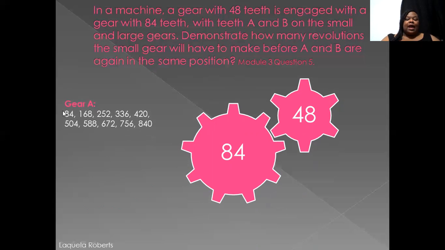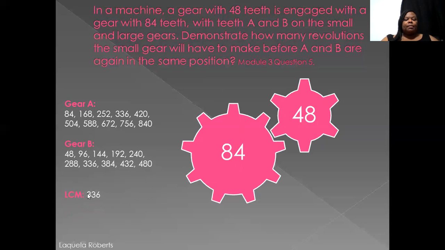So gear A, which is 84, we got 168, 252, 336, 420, 504, 588, 672, 756, and 840. Gear B, which is 48, we got 96, 144, 192, 240, 288, 336, 384, 432, and 480.